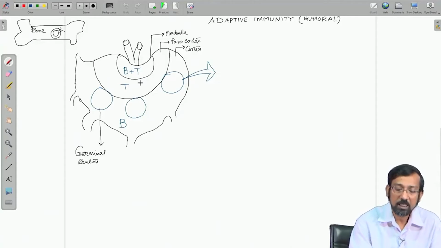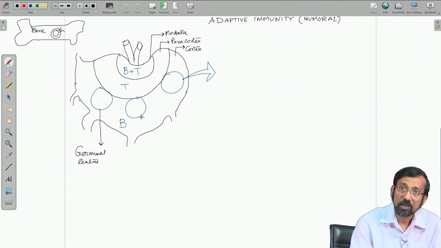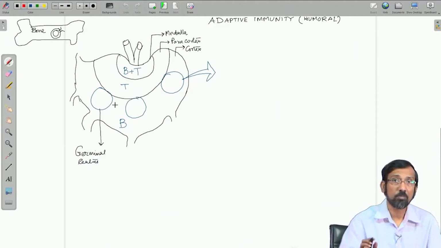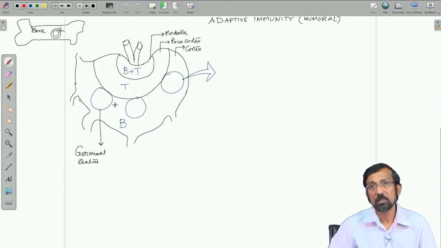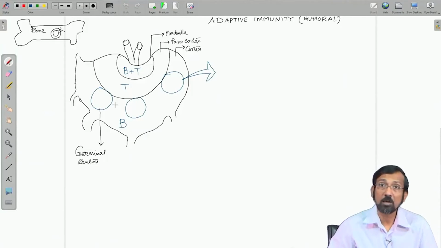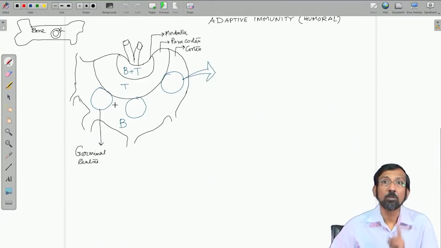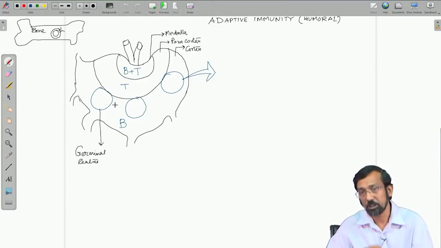We can find the T cells mostly in the paracortex and the B cells in the cortex region. Now, the main feature of these B cells is that they are also antigen presenting cells. So, they can also bind to antigen, they can also express MHC molecules on their surface, and that is required for their activation.